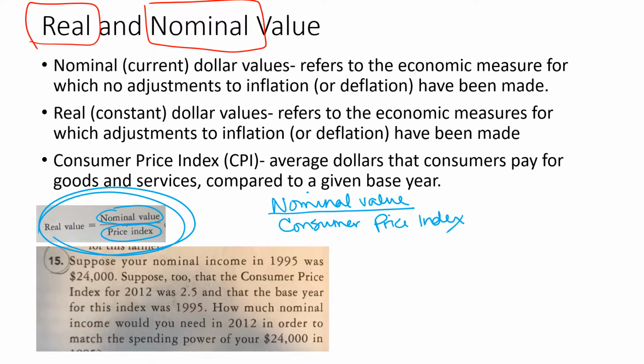The consumer price index, again, there's going to be a base year involved with that, but it's going to be a percent or a decimal. In the example that we have down here, it's 2.5, which helps us think about how many dollars consumers pay for goods and services compared to a base year.